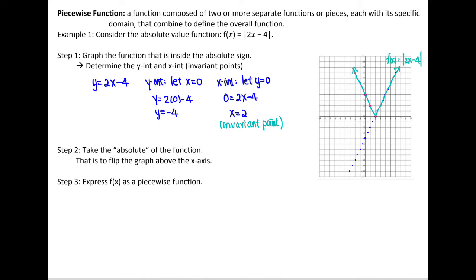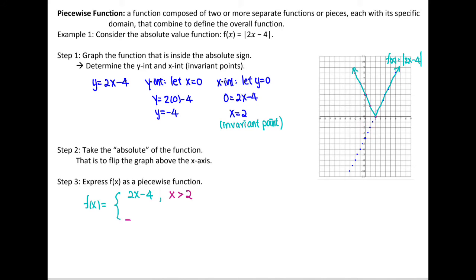Step 3, let's rewrite it as a piecewise function. So we say f(x) equals, there are two pieces. The first piece is the original y equals 2x minus 4 when x is bigger than 2. Then the next part is we have to multiply a negative 1 to flip all the y values to become positive.